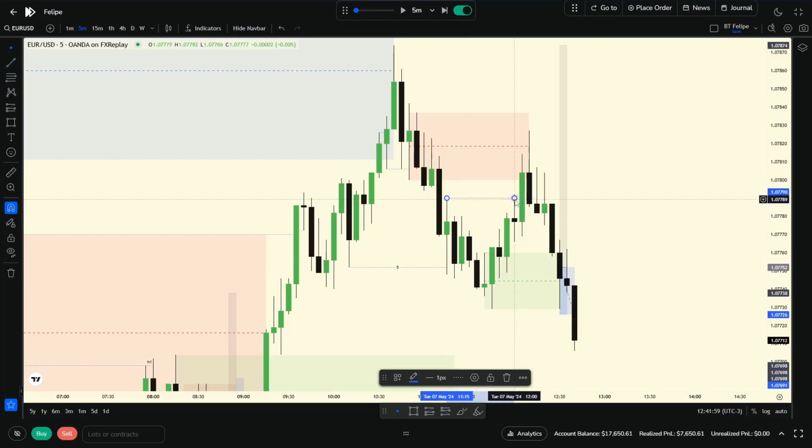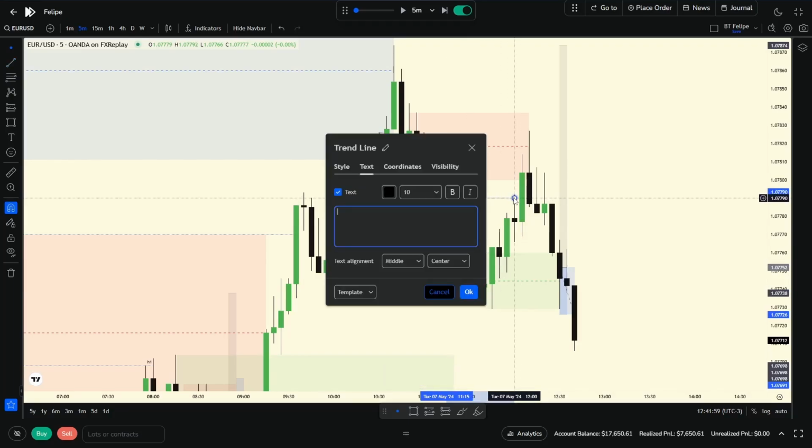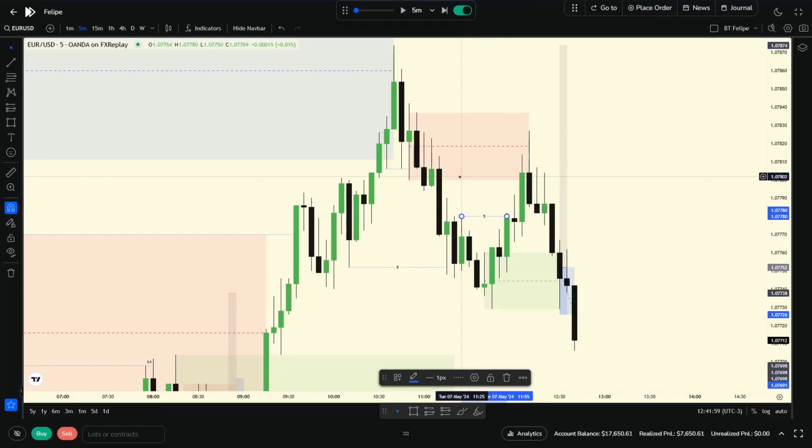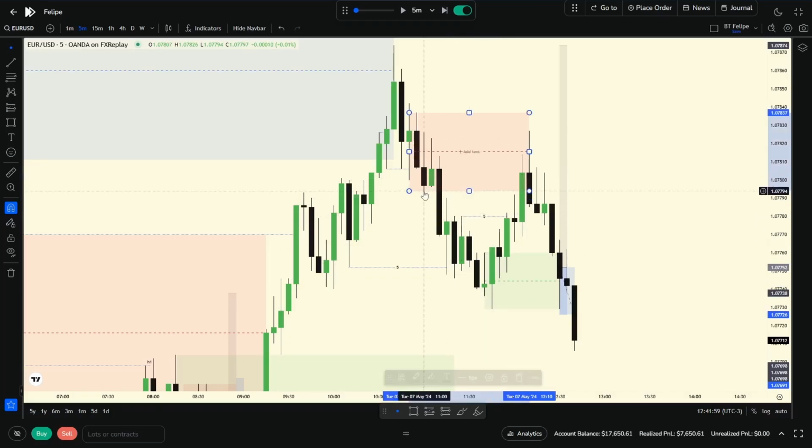The M5 was here. It came maybe here or here. Very confusing. Came down. Yeah, I think it was this one. Came down, came up, came down. Yeah, I think it was this one. The POI was this.